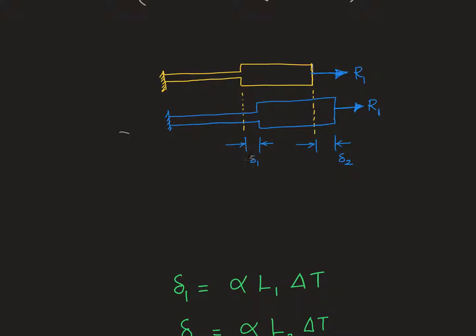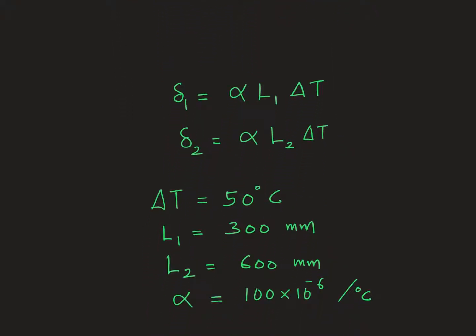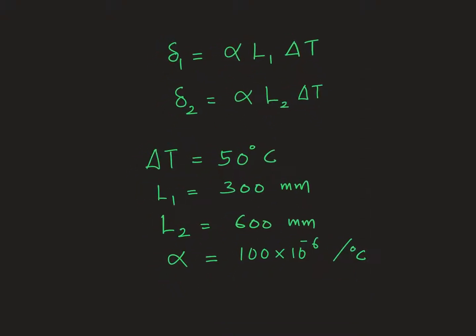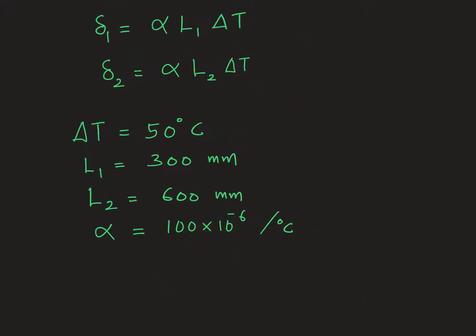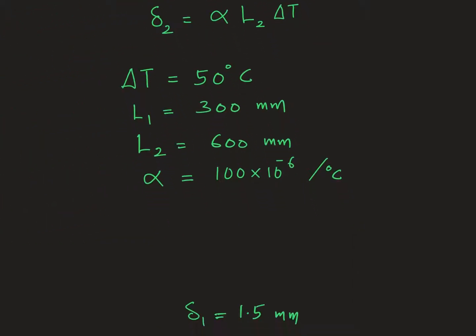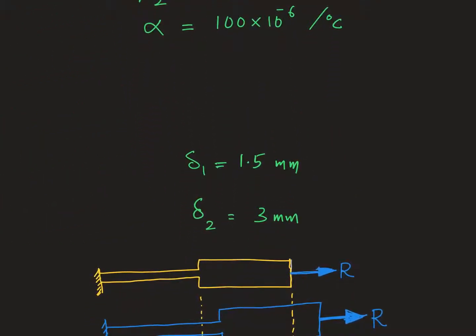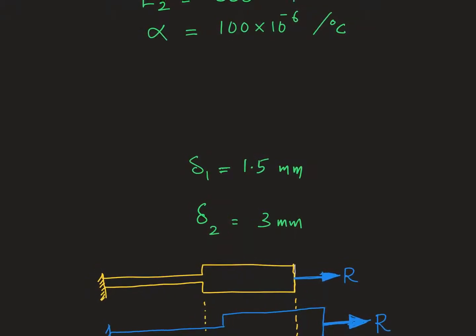Delta 1 is the amount by which this segment extends, and delta 2 is the amount by which the thicker segment extends. All the values are given in the problem, so it is just plug and chug. You will get delta 1 equal to 1.5 mm and delta 2 equal to 3 mm.